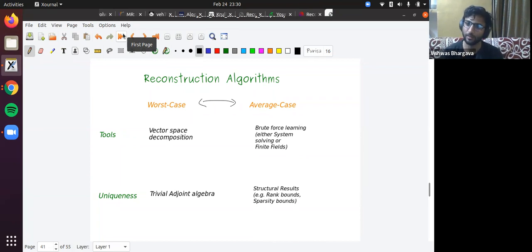That's one part, and the second is this noise aspect. But if you look at generic algorithms, that has a very similar feel to the non-degenerate algorithm we have. It basically boils down to looking at two slices and doing some kind of vector space decomposition, which is what happened in this case as well.